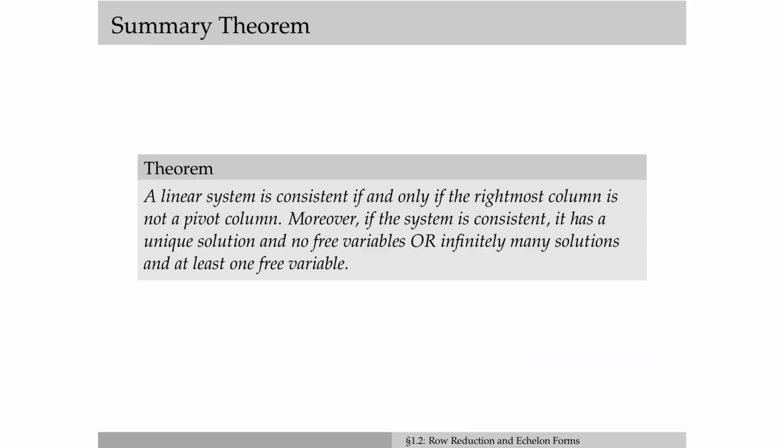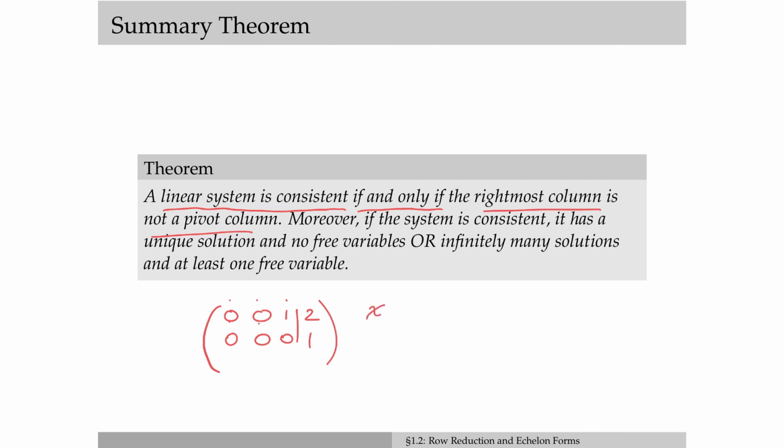Now, to sum all this up, we have a theorem, and it's a wordy one. So the first part says, a linear system is consistent if and only if the rightmost column is not a pivot column. Okay, so let's say we have some kind of reduced echelon form like that. Think what this is saying. That's the x1 column, x2, and x3. x1 and x2 will both be free variables. There's no pivot there.